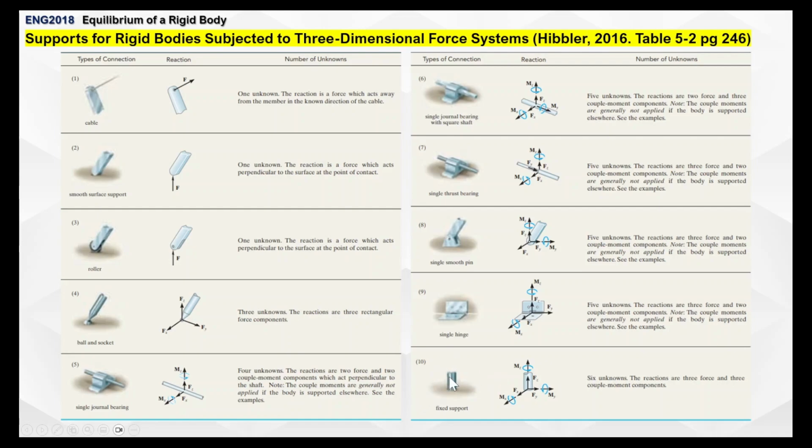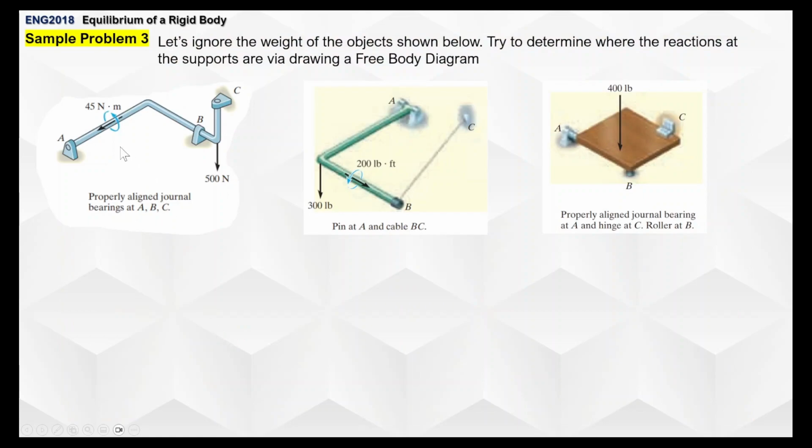You normally see fixed support, smooth pins, ball and socket, single journal bearing in piping configurations. You would see rollers lagi on piping. Hence, these are the samples that I chose for this particular topic. And there are a lot of impractical designs, which are just a matter of mental exercise really for equilibrium of rigid body.